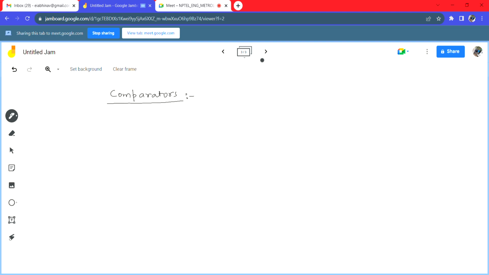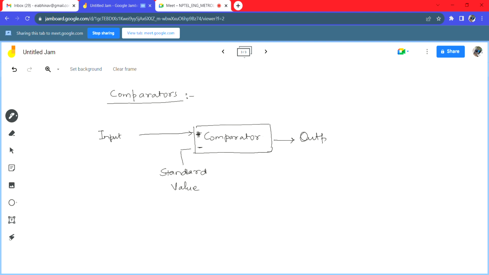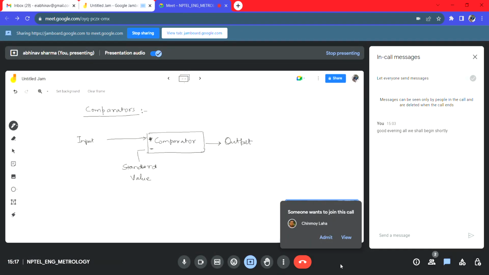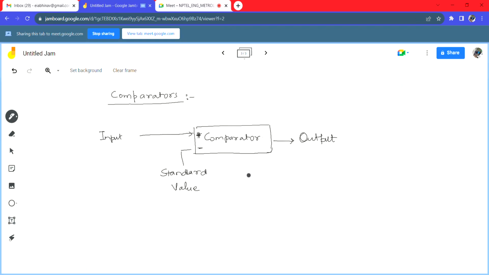Now, if I try to define this comparator in terms of a block diagram, this comparator can be represented so.